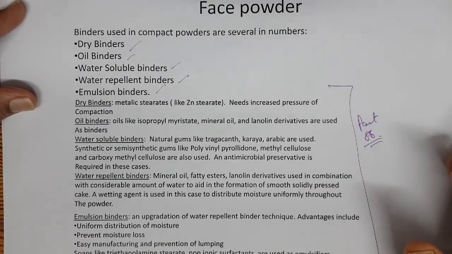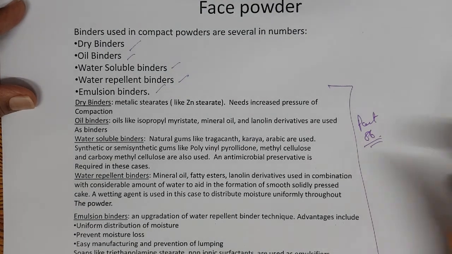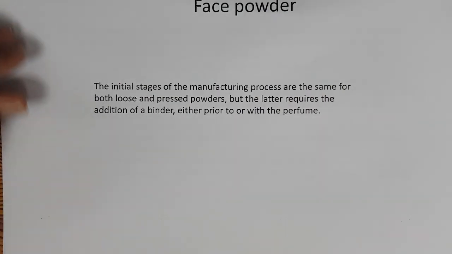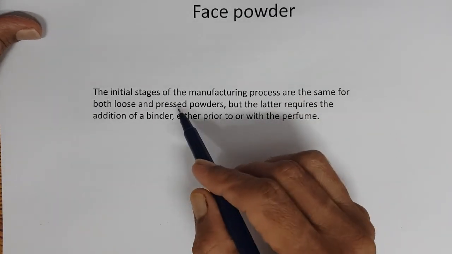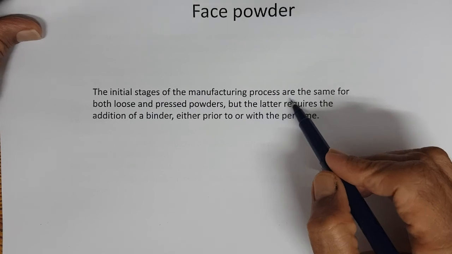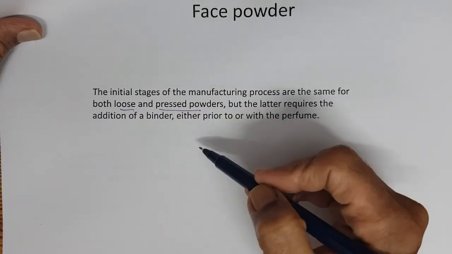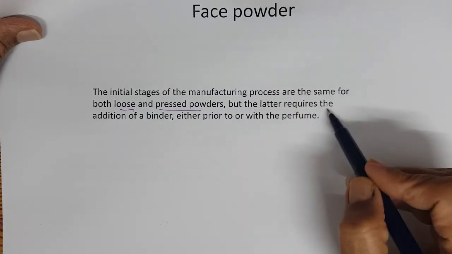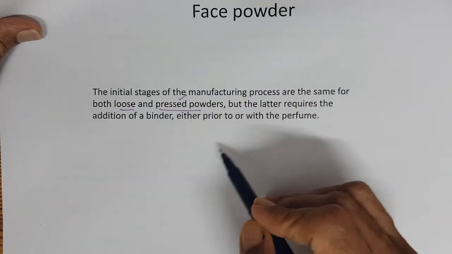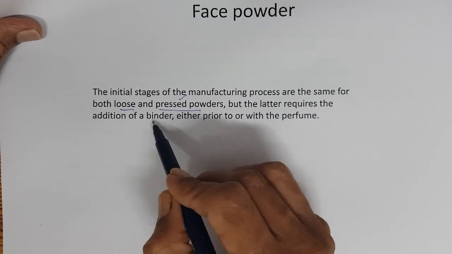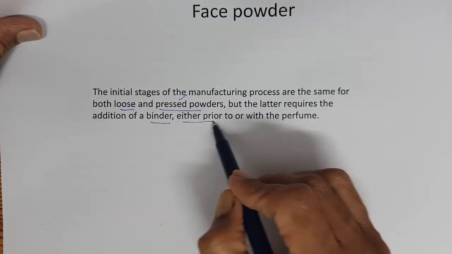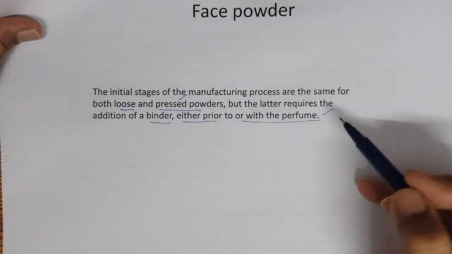Now we will see the gist of manufacturing process of the powders. The initial stages of manufacturing process are the same for both loose and pressed powders. But the pressed powders require the addition of binder either prior to or with perfume.